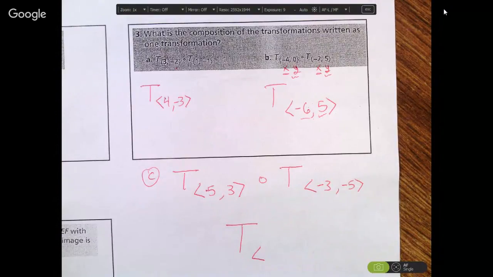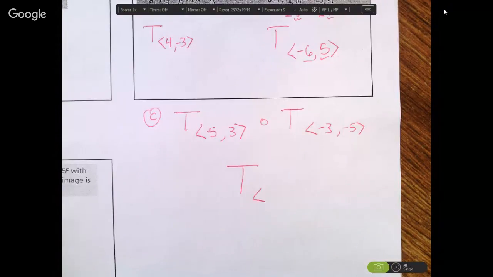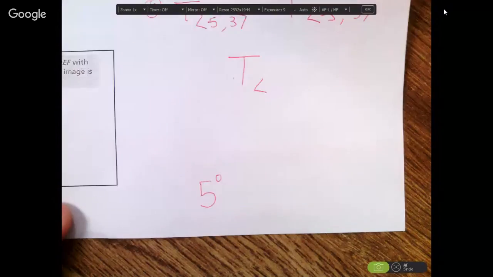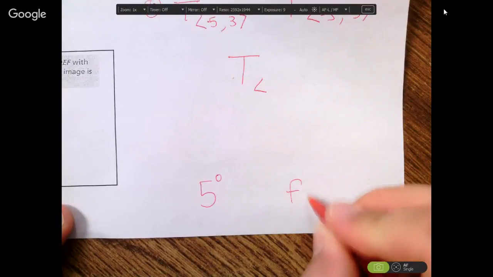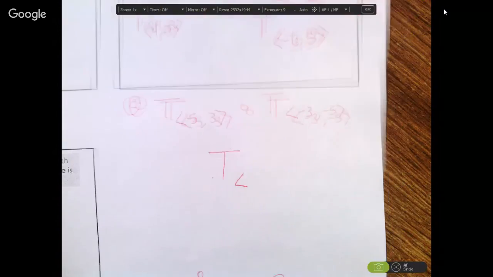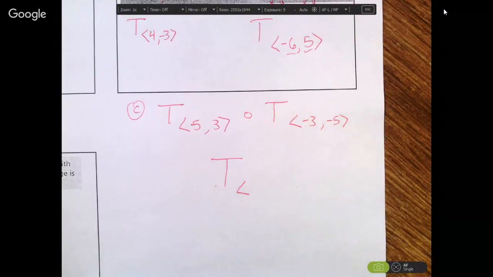So if I did 5 degrees, it'd be like that. That's 5 degrees. And then for F of G, that symbol is hanging a little bit lower. I think I've put that in the right spot. It'd be a little higher if it was a degree.